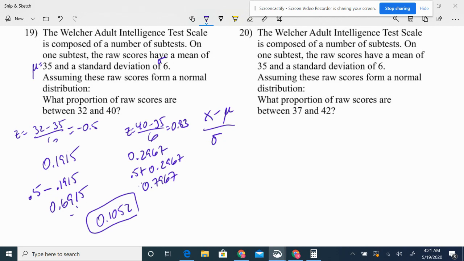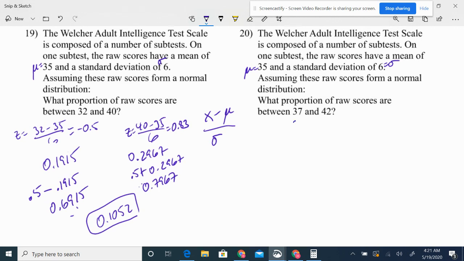Now here, what are we going to do here? Let's see. We have the same test, the subtest. I'm looking at question number 20. The raw scores have a mean of 35, and the standard deviation is 6. Assume these raw scores form a normal distribution. What proportion of raw scores are between 37 and 42?